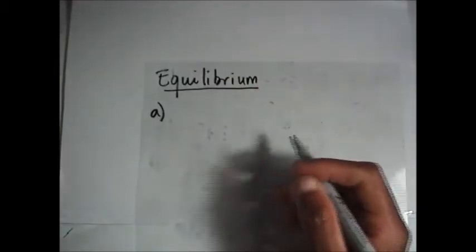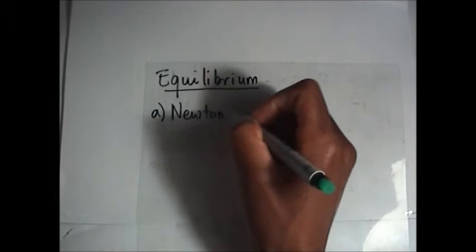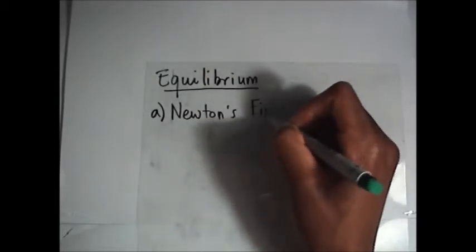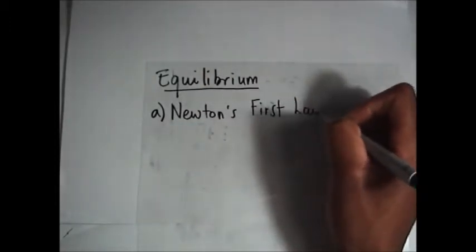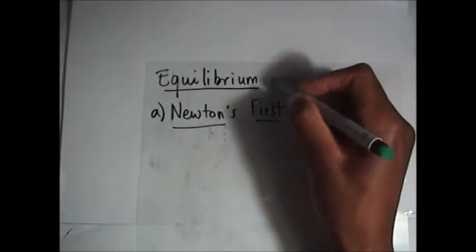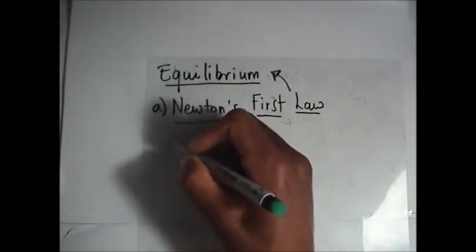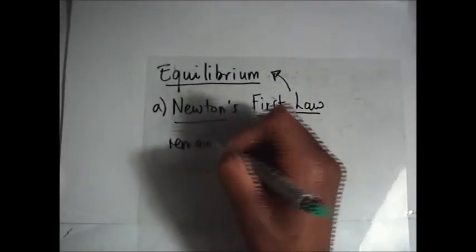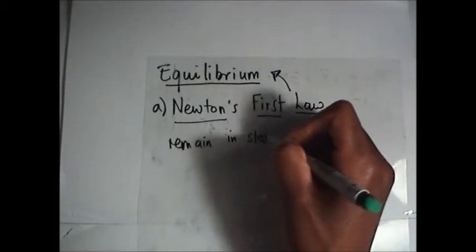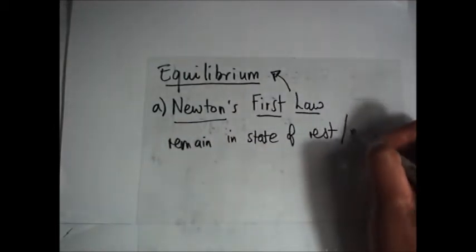And let's begin by discussing Newton's first law of motion. I'm doing this because this first law of motion implies equilibrium. The first law of motion says every body remains in its state of rest or motion.